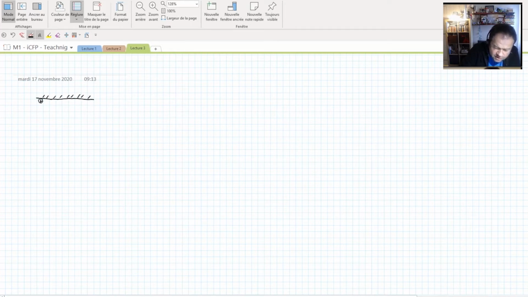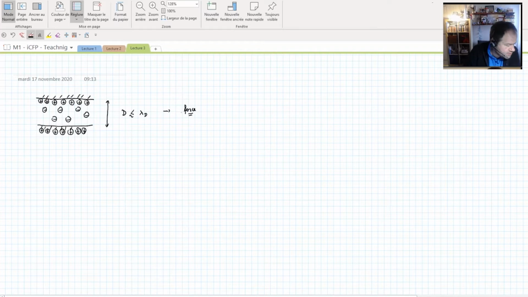Well, if we are dealing with charged surfaces, we will have the counter ions here, and basically, if the distance d between the surfaces is smaller than or of the order of the Debye length, we will see a force appearing between the surfaces.